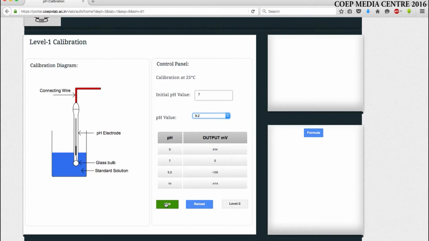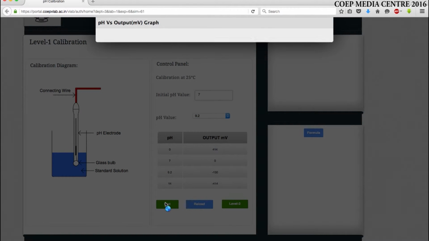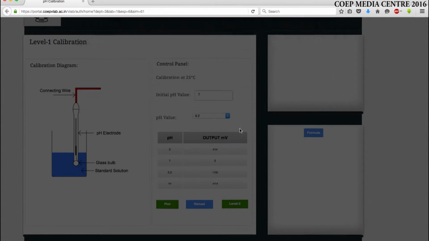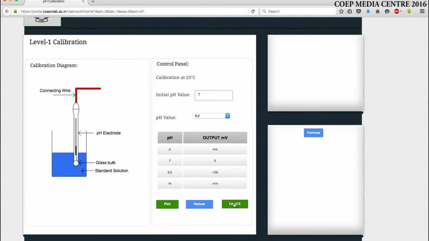Now if you see the graph, you will find 414 millivolt at 0 pH and minus 414 millivolt at 14. Then you will find that level 2 is on.